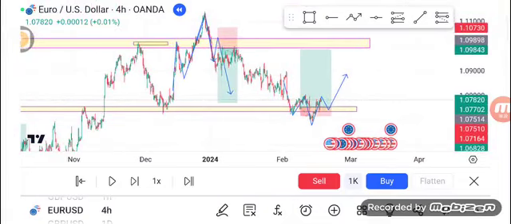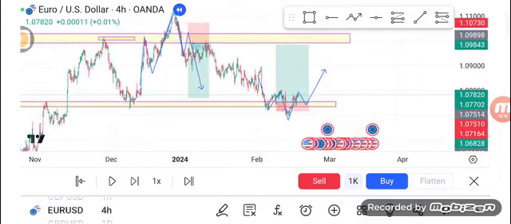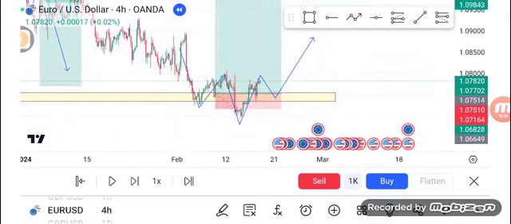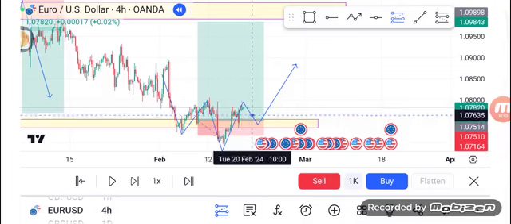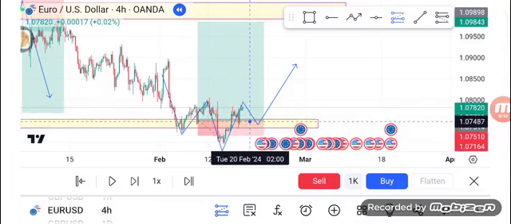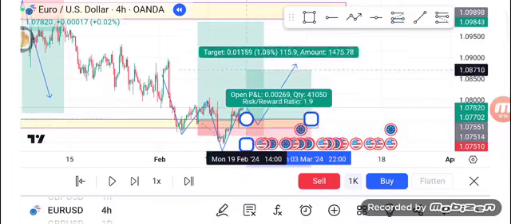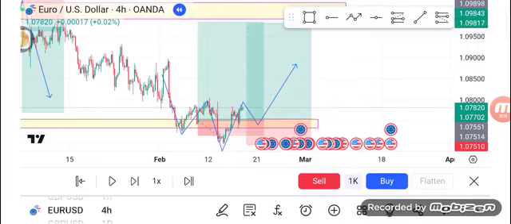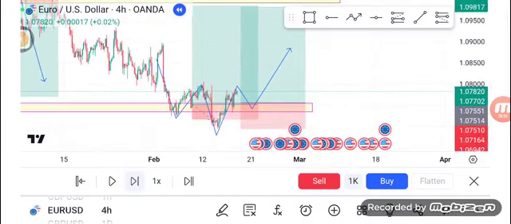My risk management is still intact. Me having this, definitely I'm taking this trade, and I will have opened another position here as the market broke up to that same place.